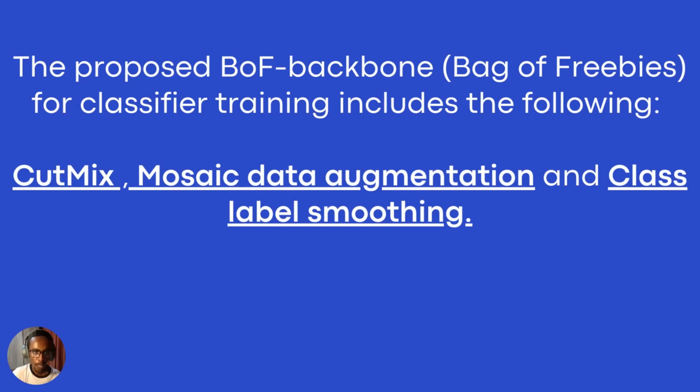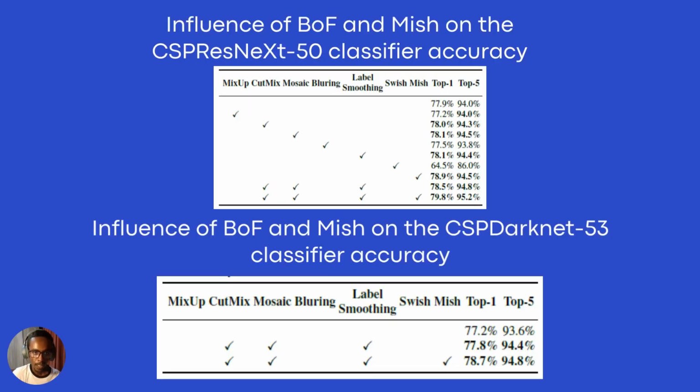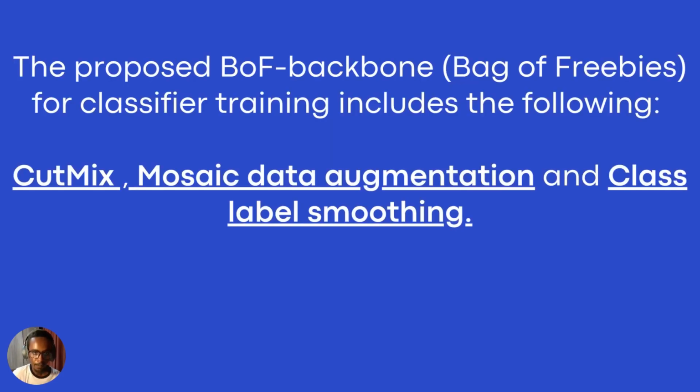The proposed Bag of Freebies backbone for the classifier training includes CutMix, mosaic data augmentation, and class label smoothing. As you can see from the table, when they introduced CutMix, mosaic, and label smoothing together with the mish activation function, they got the higher accuracy.